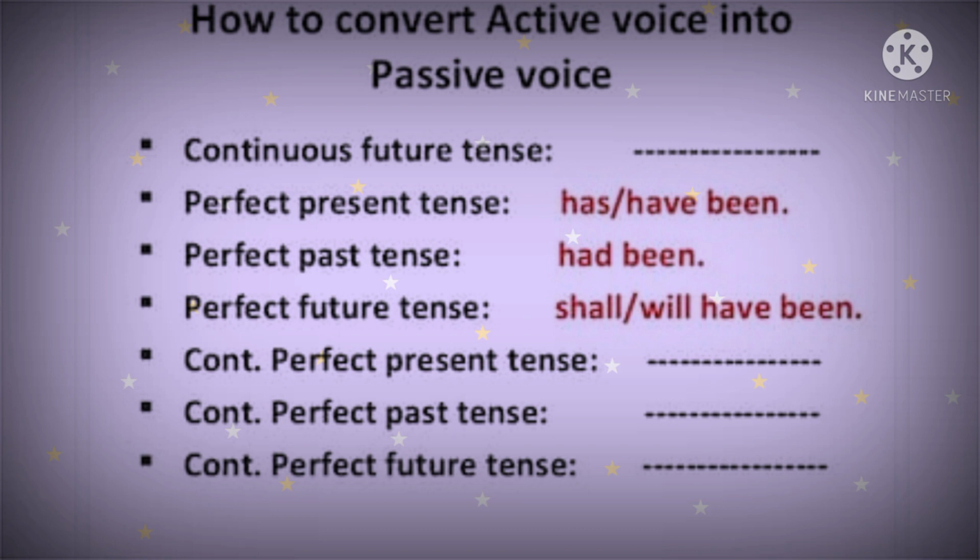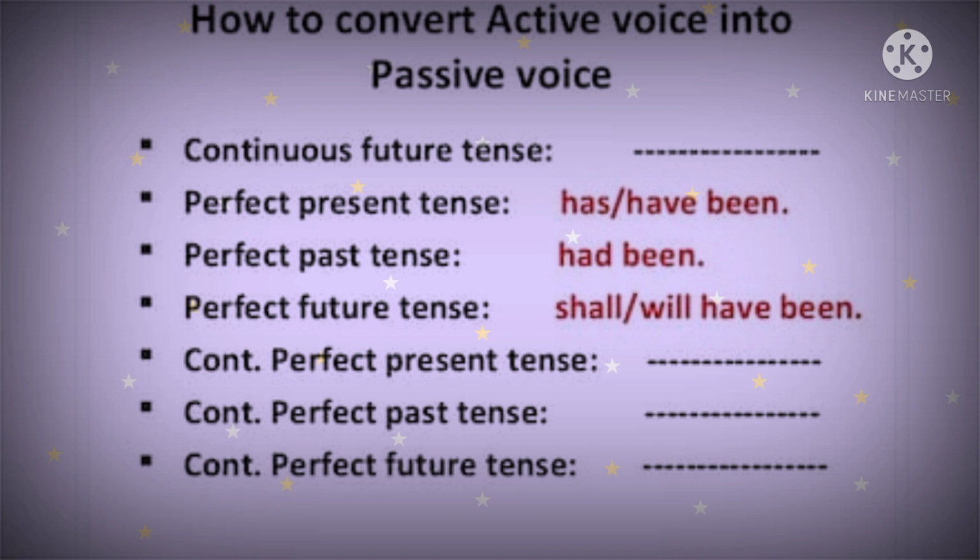Children, please remember, all the sentences will follow verb 3, and all the sentences will have be forms along with verb 3. For simple present, is, am or are as the be form; past, was or were; future, be.